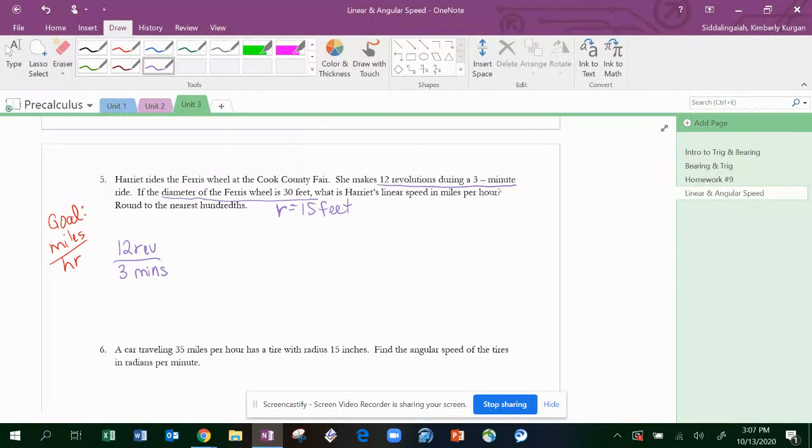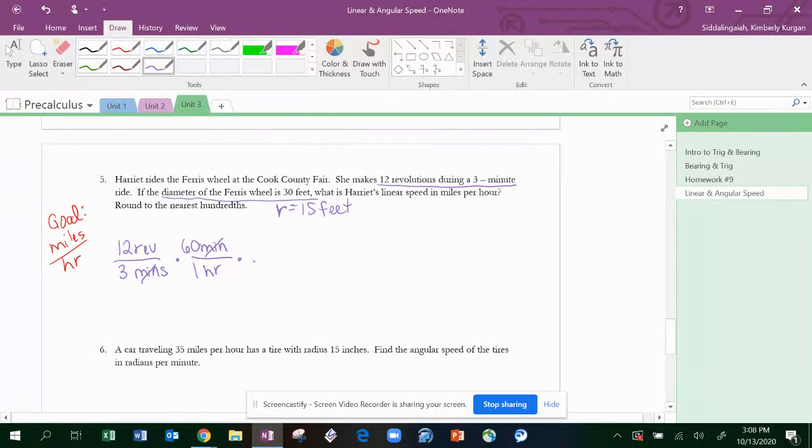I find it easier to deal with the units of time first. So I'm going to say 60 minutes is to 1 hour. Okay, so now I know I'm in hours. So I'm in revolutions per hour right now, and I want to get to miles somehow.